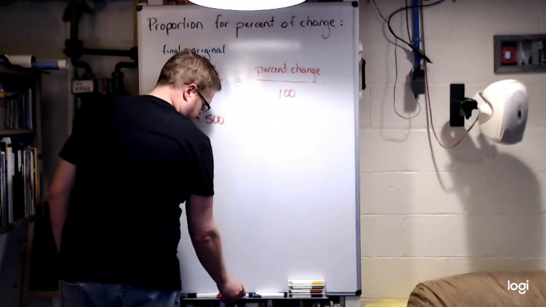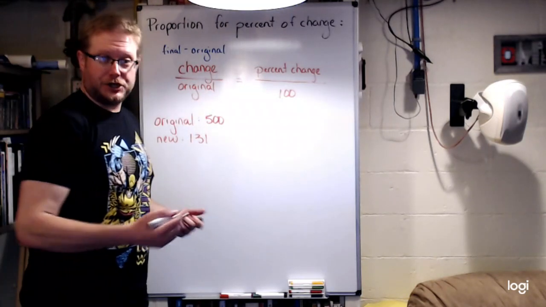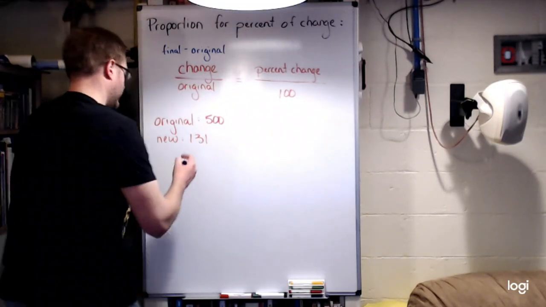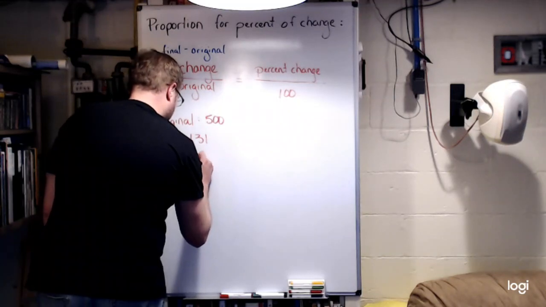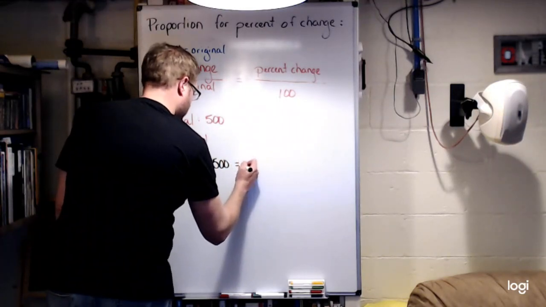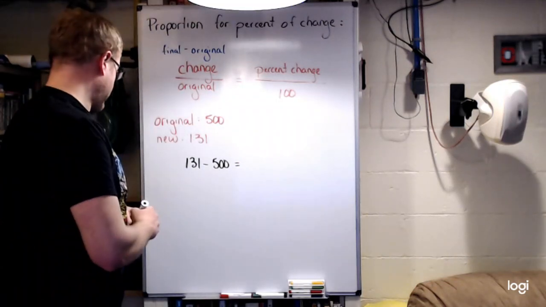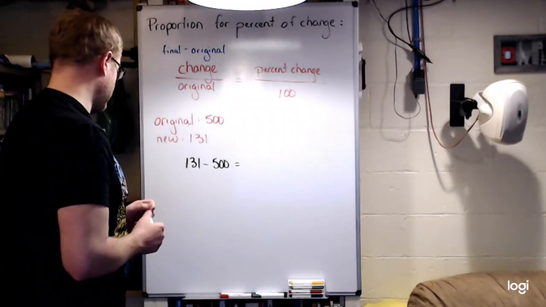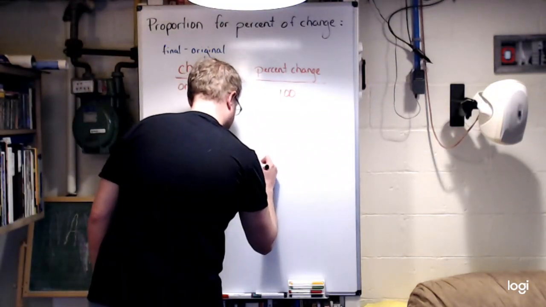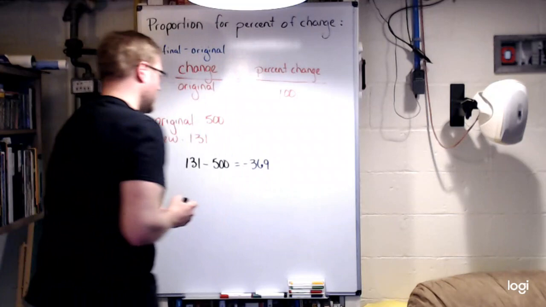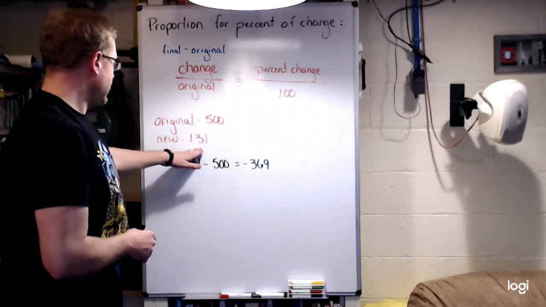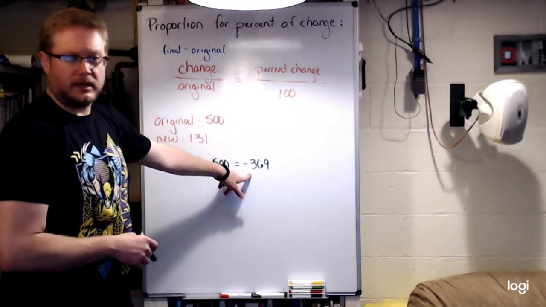So if you recall from the previous problem, to figure out the change, we take the new, or the final, minus the original. So in this case, it's going to be 131, take away 500. And what does that give us? That's negative 369. So we can see clearly it's going to be a decrease, right? It's a decrease of 369.